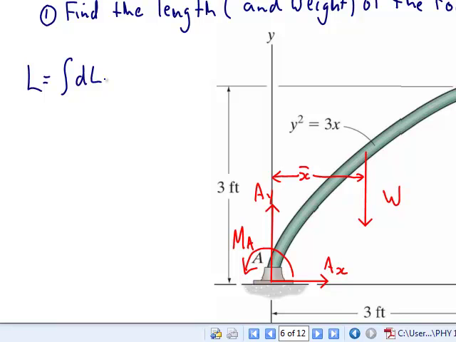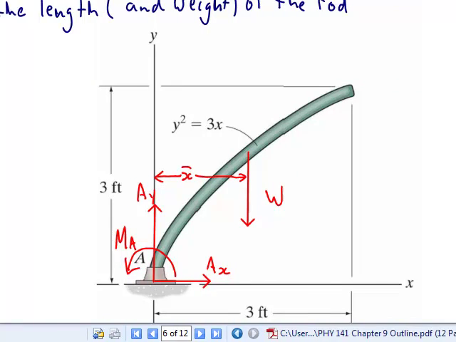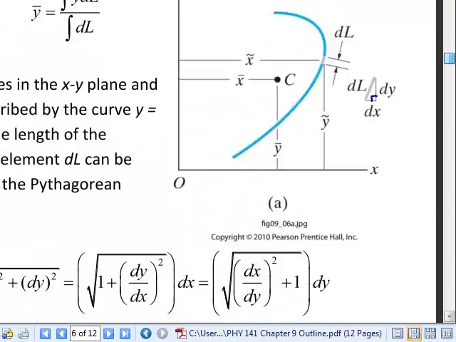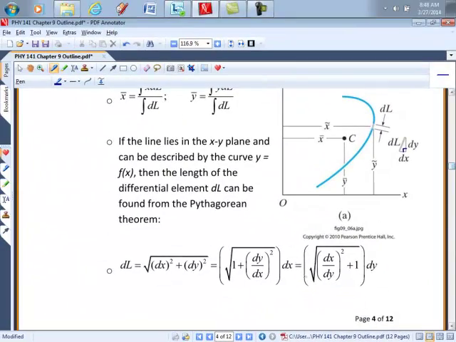And the integral of dl can be either of these two. Well, it's both of those two, but we can choose either one depending on which variable we're going to integrate with respect to.